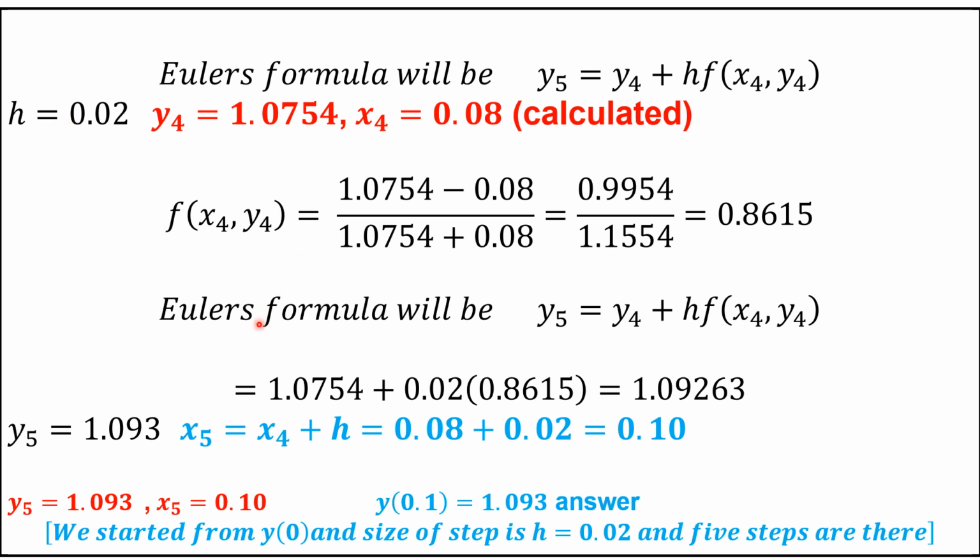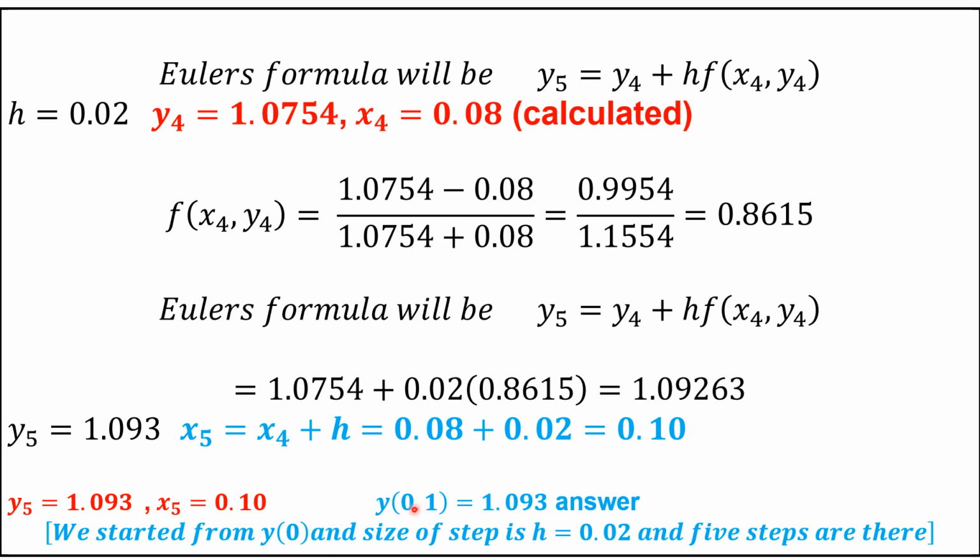So the value of y5 and x5, one further step to the value of x4, so 0.1. You can see here now, this x5 is 0.1. That is the value, basically y in the bracket. The answer is 1.093. So y at 0.1 was asked basically.